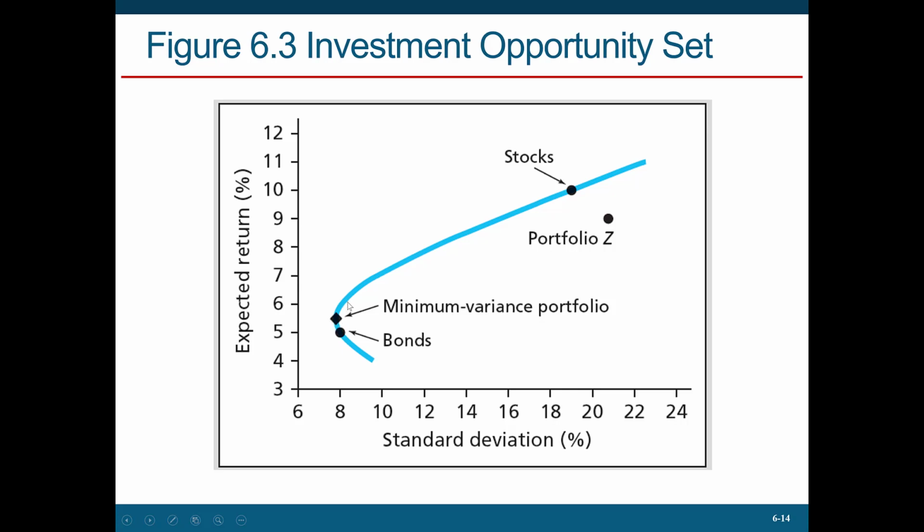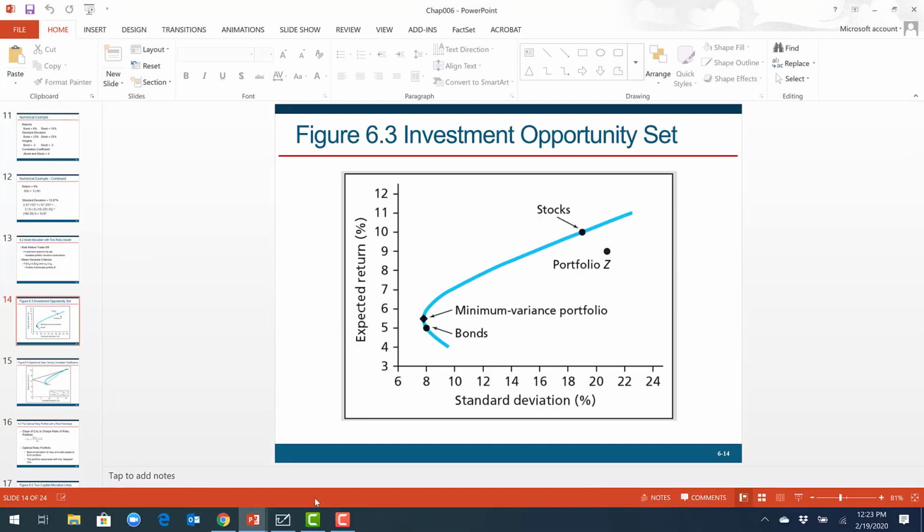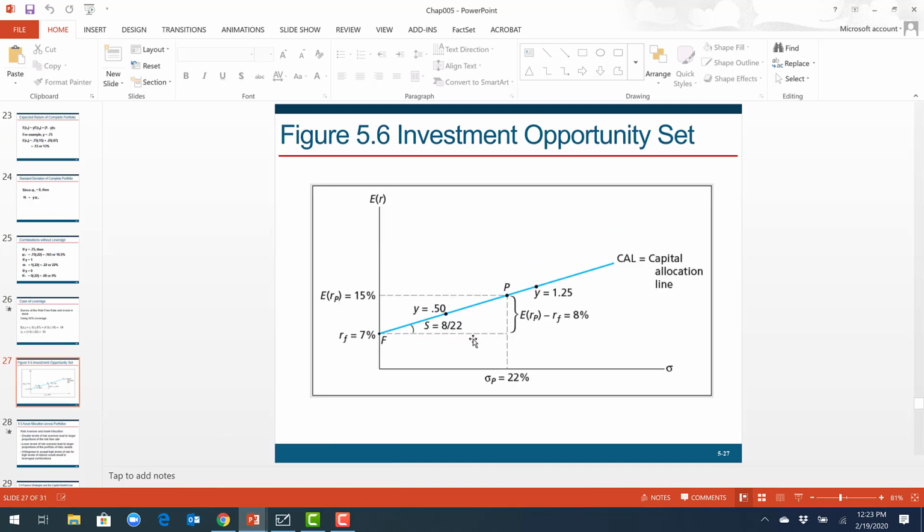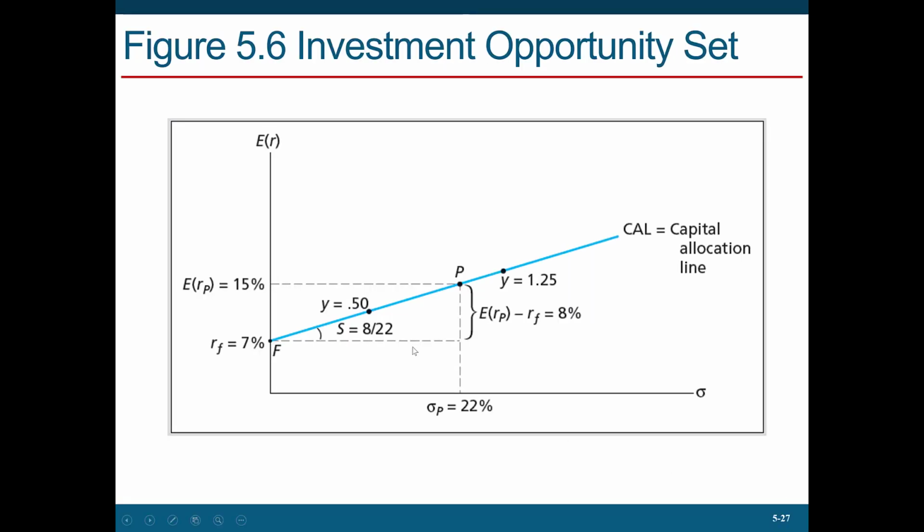So starting from here and then this upper part of the curve. This upper part of the curve has a special name. It is known as the efficient frontier. All right, the efficient frontier. So you right away see some differences from our analysis here versus the risky and risk-free. In case of risky and risk-free, we said that all of these portfolios on the capital allocation line have the same Sharpe ratio.